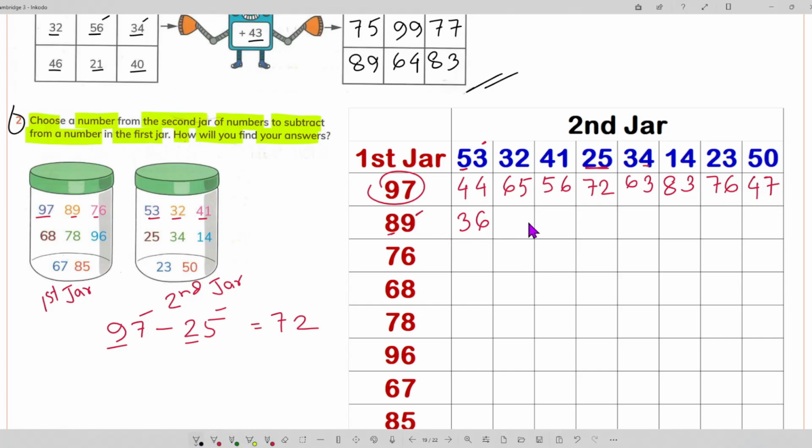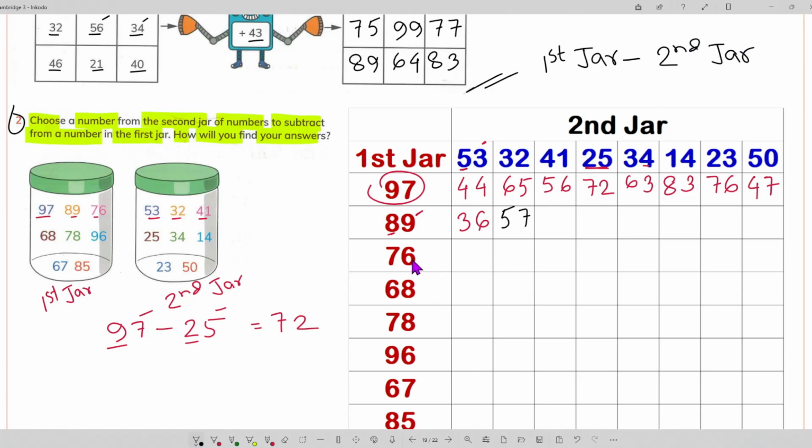Let's do the next one. Here is 32, we want to subtract it from 89, so 9 minus 2 is 7, and 8 minus 3 is 5. 89 minus 41. Actually our working is first jar minus second jar.